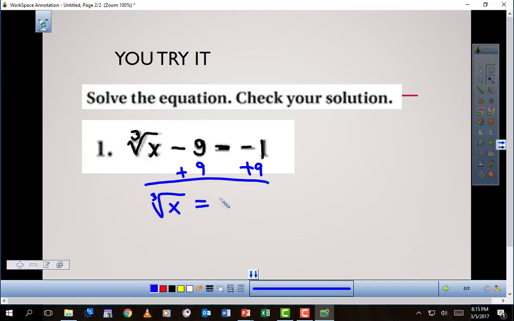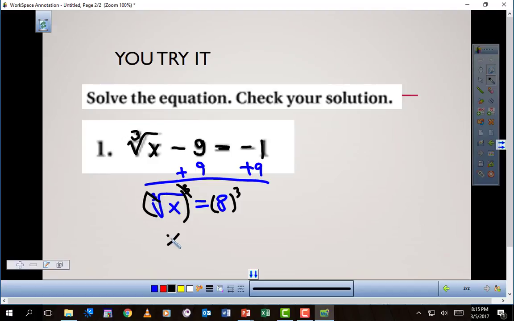The cube root is equal to 8. Now the inverse operation of a cube root is to cube both sides. So I'm going to cube both sides of my equation. Put a cube here, cube here, and of course this cube will cancel out.